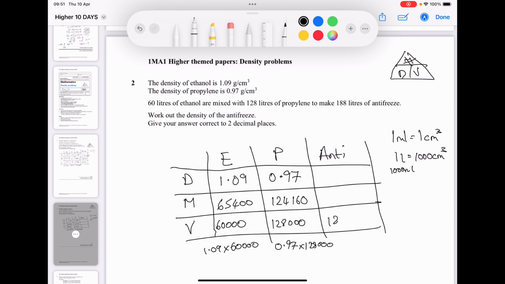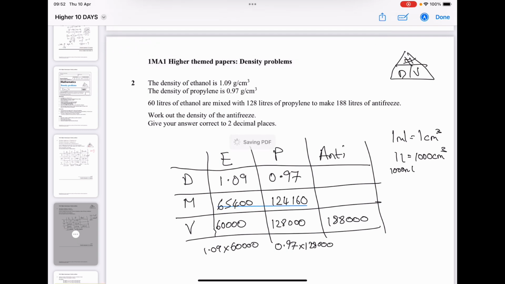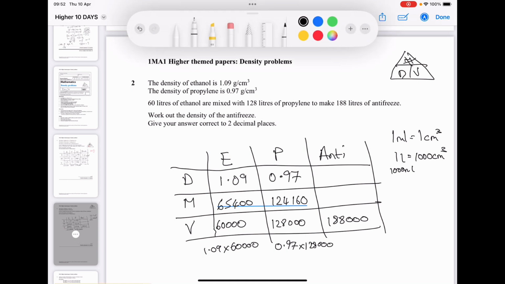That's 188,000 centimetres cubed, and I've got 65,400 plus 124,160 equals 189,560.